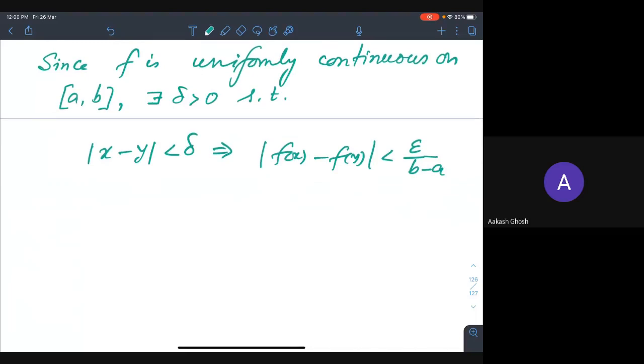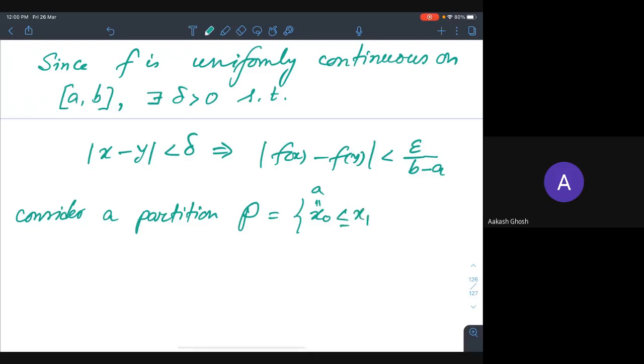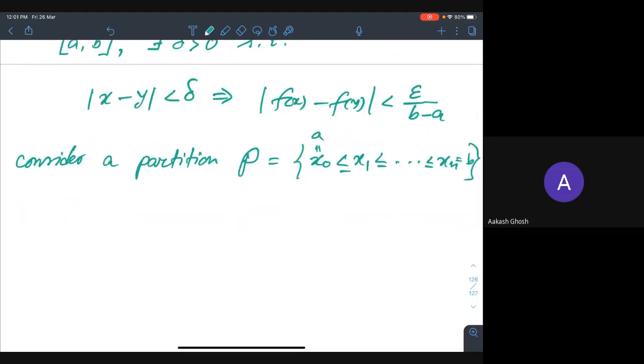Now, next is to make a partition. So consider a partition P of [a, b], x0 less than x1 and so on, such that x_j minus x_{j-1} is less than delta.